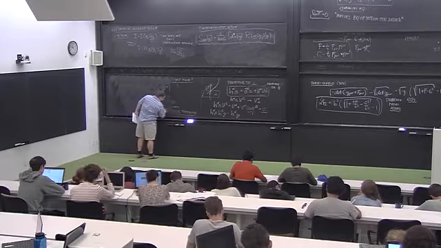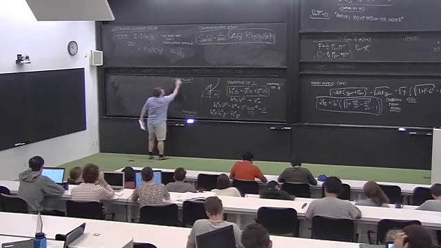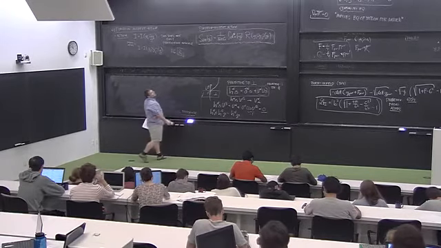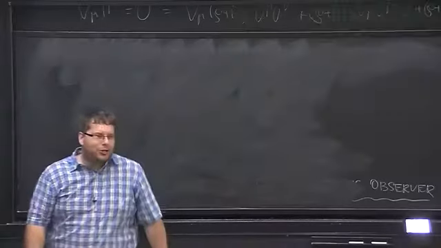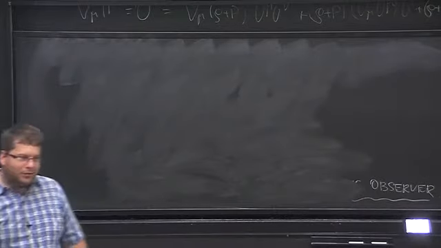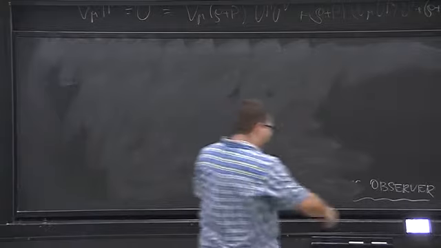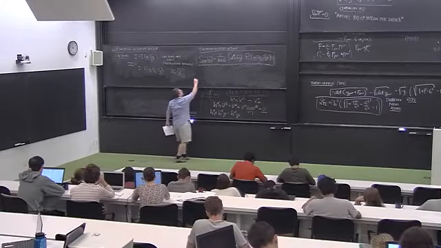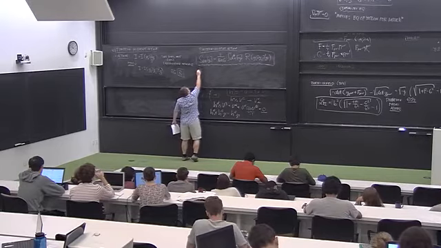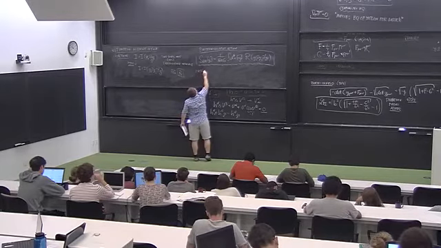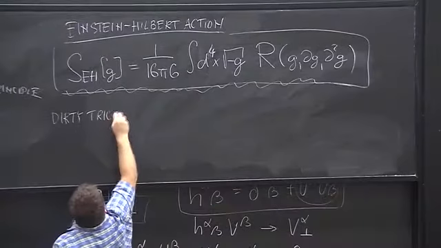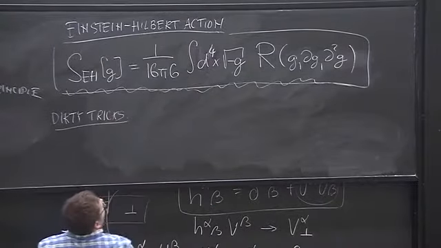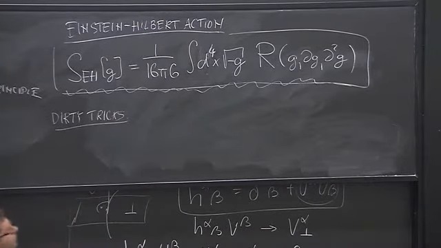For that, we will use a dirty trick, that the Ricci scalar is actually a contraction of the Ricci tensor. Everybody knows that, right? So there are 2 dirty tricks. Of course, the Ricci scalar is a horrible function of second order derivatives and first order derivatives of the metric and so on.